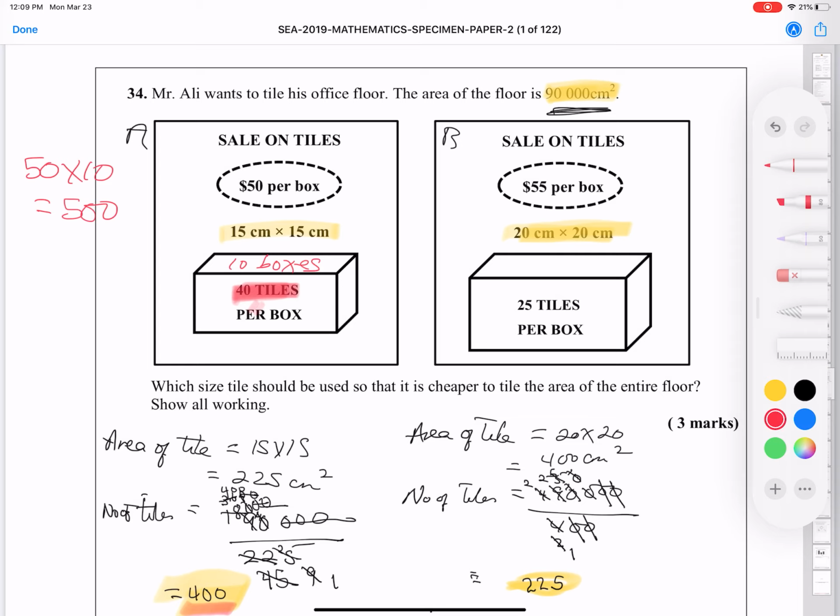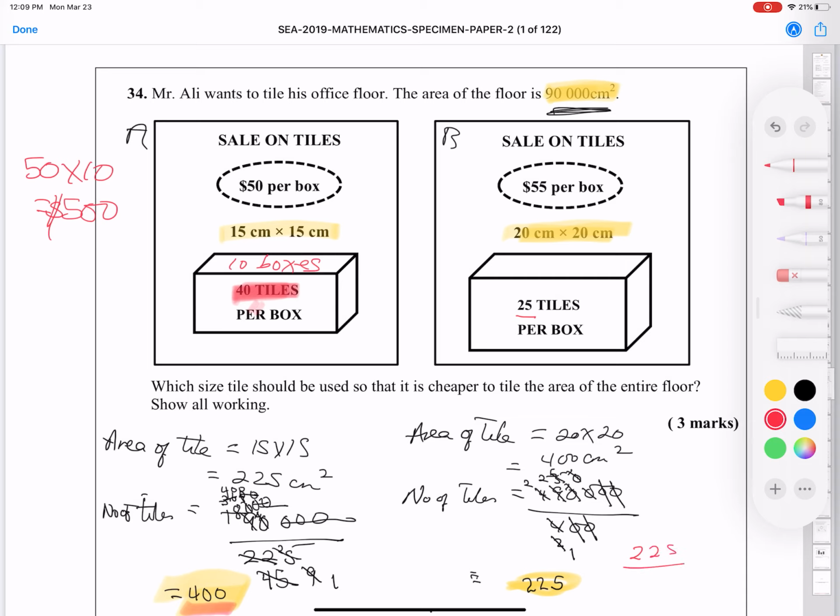But $5 doesn't really impress me. Seeing a scratch on my iPad here. Not cool at all. Alright, so show all working. Mr. Ali is his name?